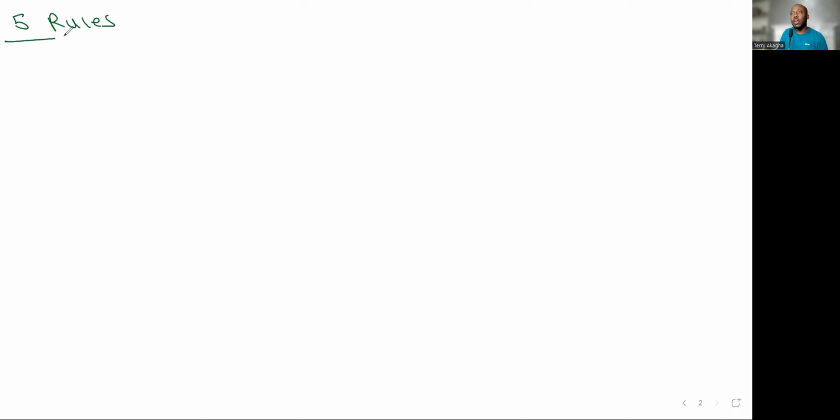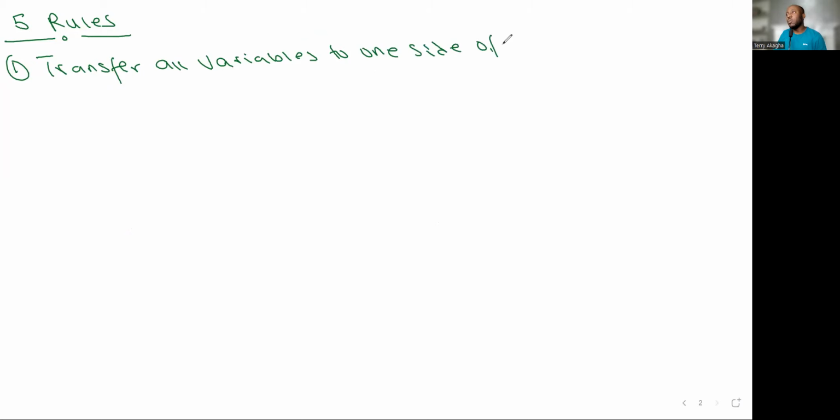The first one is that you have to transfer, as usual, all variables, both the free term, the quadratic coefficient, and the linear coefficient, which we talked about earlier, to one side of the equation, leaving 0 only on the other side.